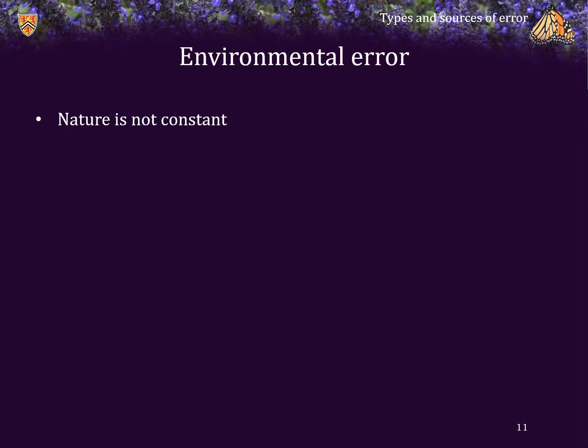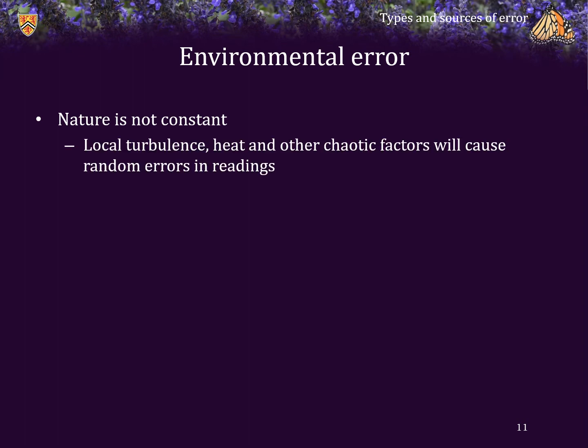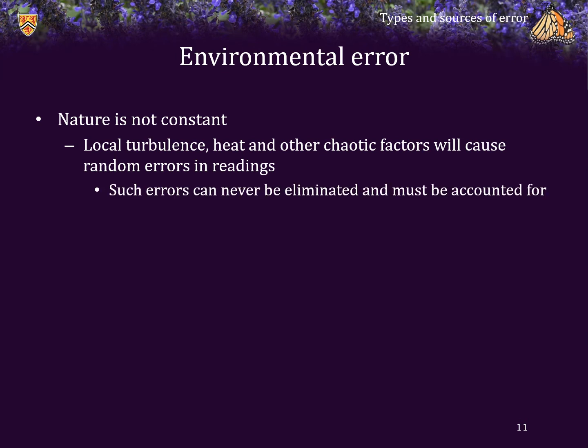The next source of error is environmental error. Nature itself is not a constant, and local turbulence, heat, and other chaotic factors will cause random errors in all readings, period. You cannot eliminate these entirely, and they must ultimately be accounted for.